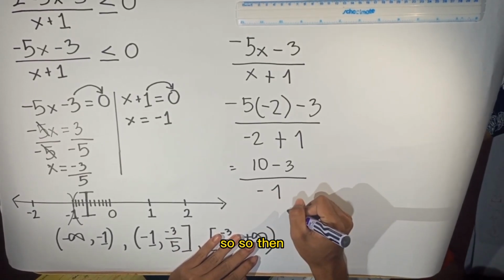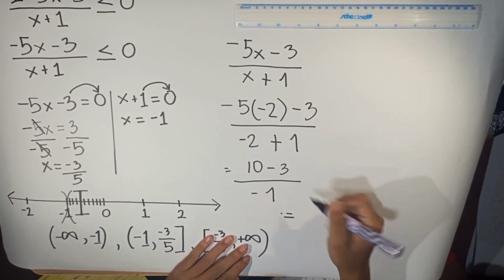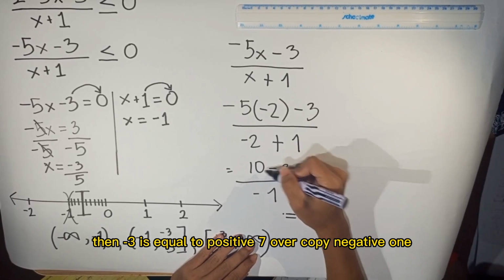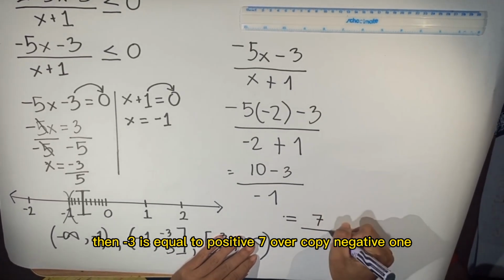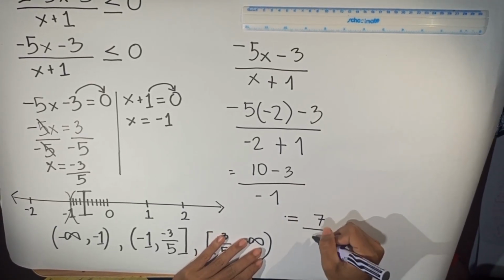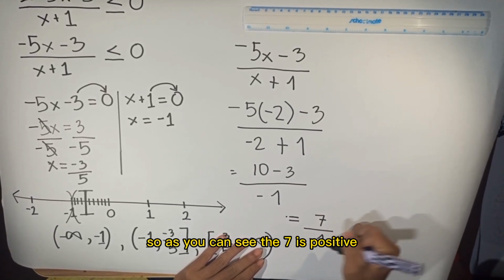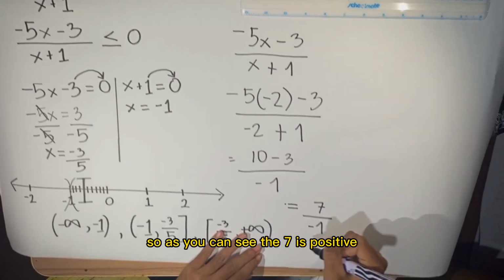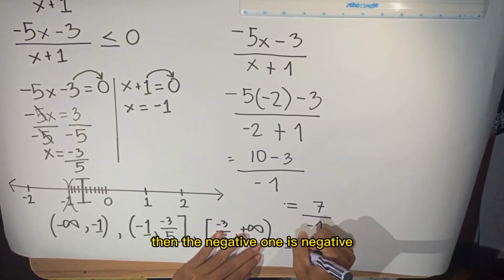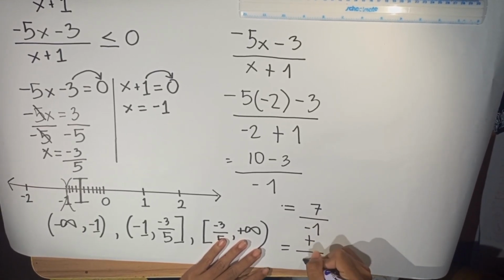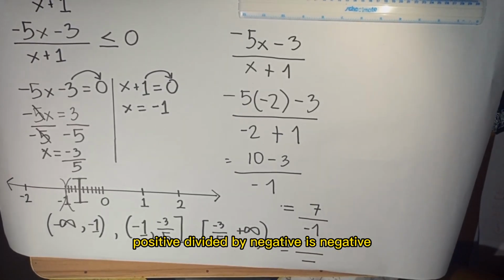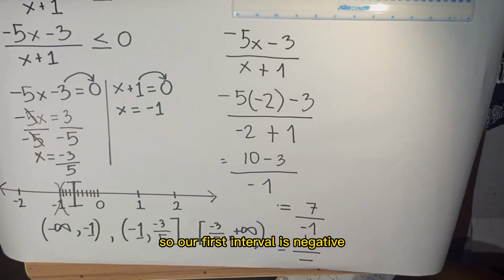So then 10 minus 3 is equal to positive 7 over negative 1. As you can see, the 7 is positive, then the negative 1 is negative. Positive divided by negative is negative, so our first interval is negative.